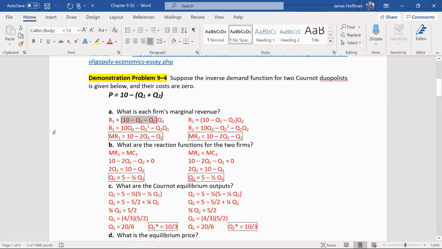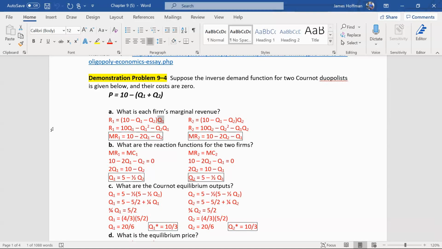That's price from the demand curve, 10 minus Q1 minus Q2, and then Q1 is the quantity of firm 1. So this is price, this is quantity, and therefore that is firm 1's revenue.